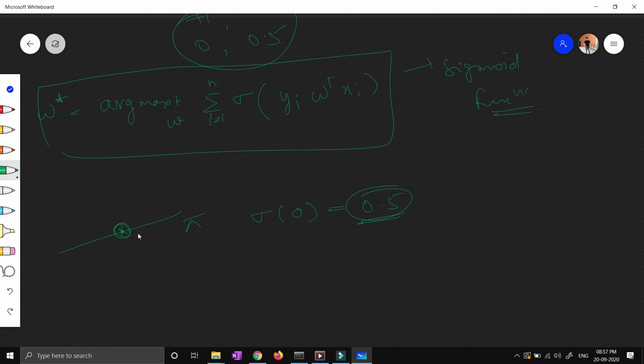So the probability of this point lying in the positive half space or the negative half space is 0.5, half basically. So the sigmoid function also gives us the probabilistic approach to see the signed values in logistic regression. So it is more helpful for us, right?